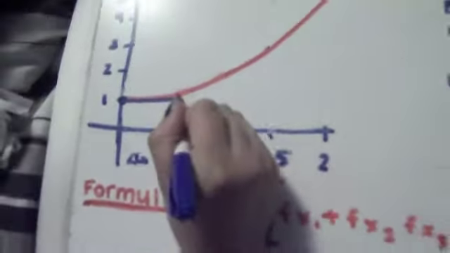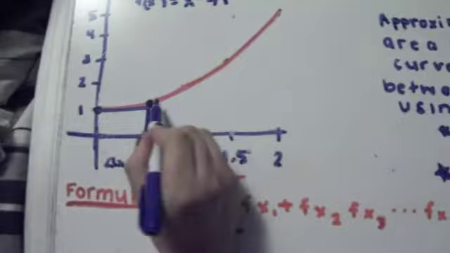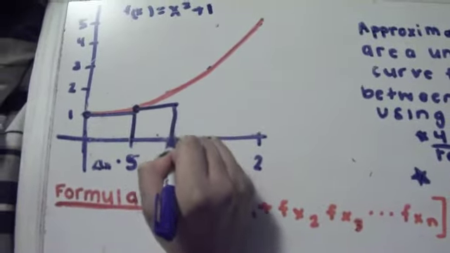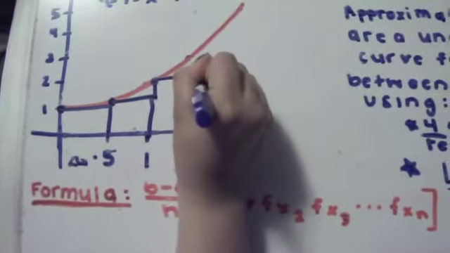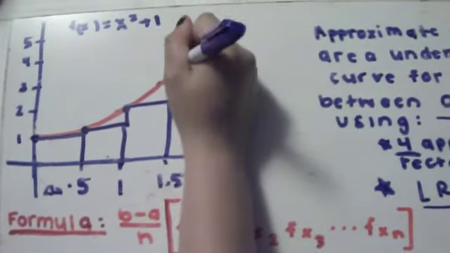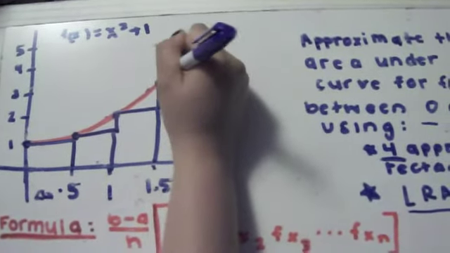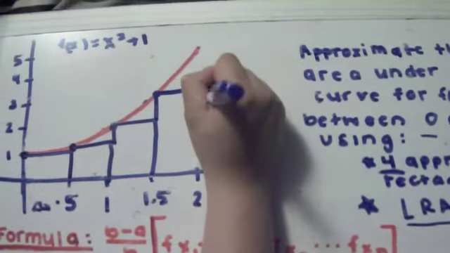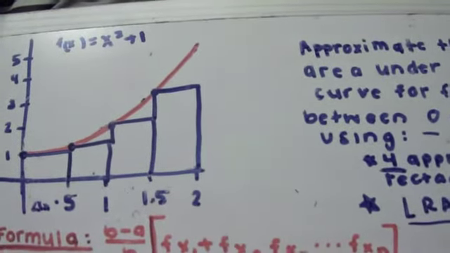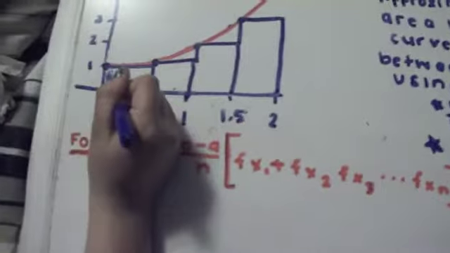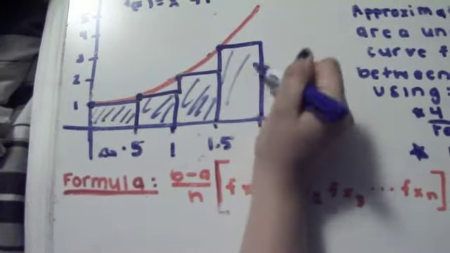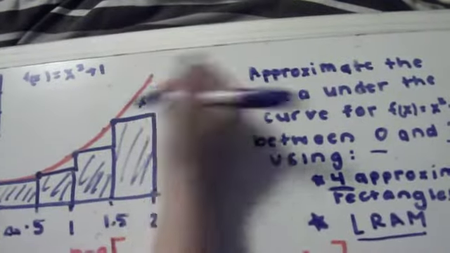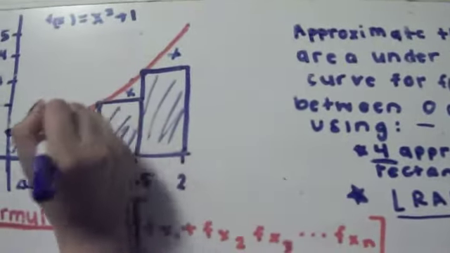Your second point is going to be 0.5, your third point is going to be 1, and your final point is going to be 1.5. You don't use 2 because it's LRAM. And we're going to find this area. As you could tell, this is going to be an under approximation because all of this is going to be missing.